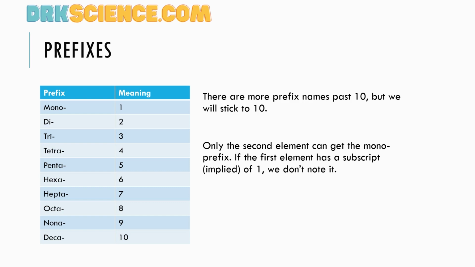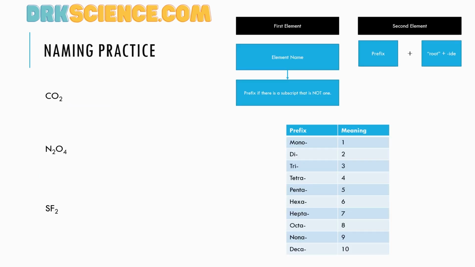If it's any other number, di, tri, tetra, penta, the first element would get the prefix. The second always gets the prefix, so in that case, the second element could be mono, di, tri, tetra, and so forth. We're going to do some naming practice where we're going to look at covalent compounds and name them according to these rules.